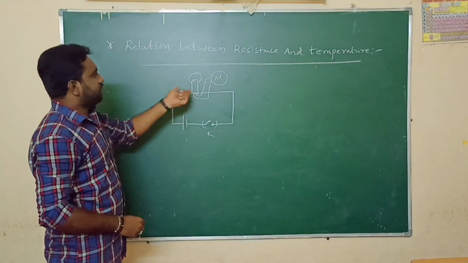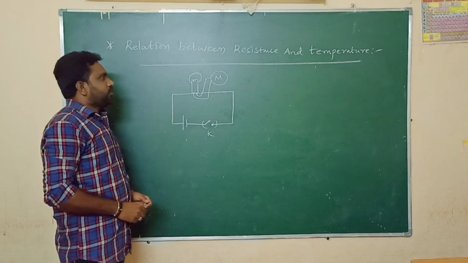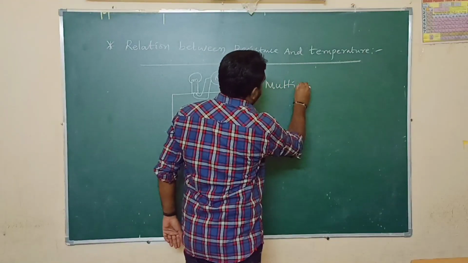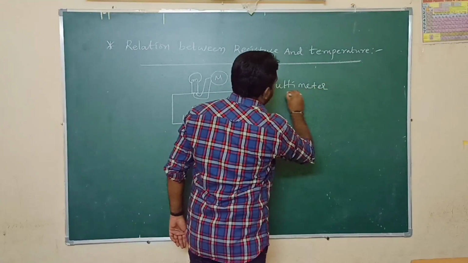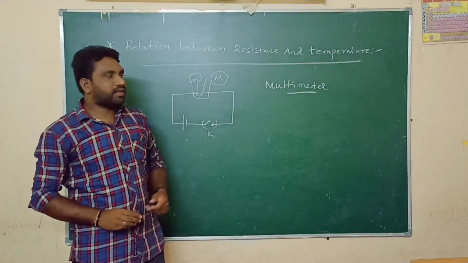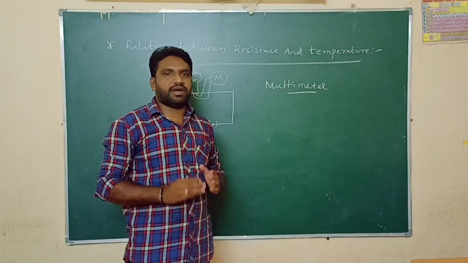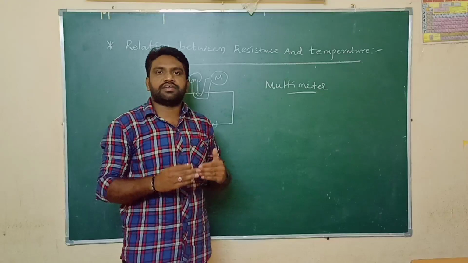I will explain regarding the multimeter now. First of all, we need to know about the multimeter. Multimeter is an electric device. It is helpful to measure the current, potential difference as well as resistance.